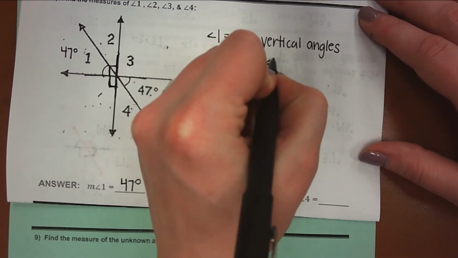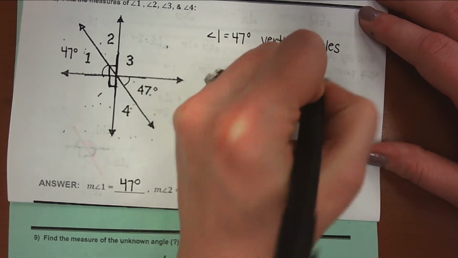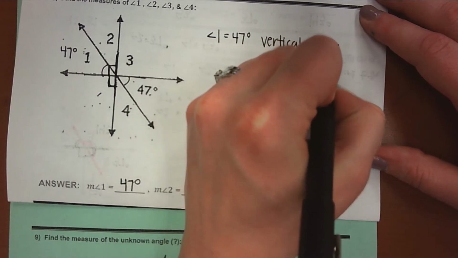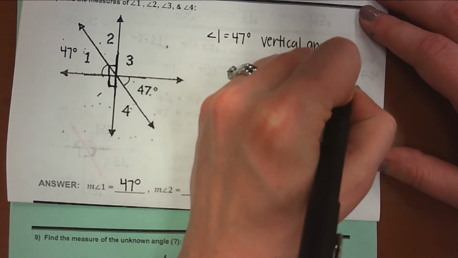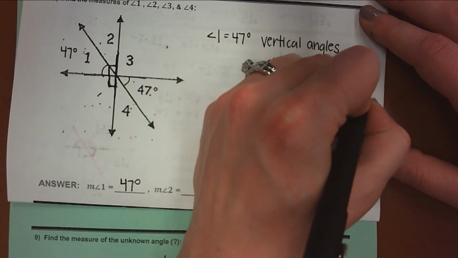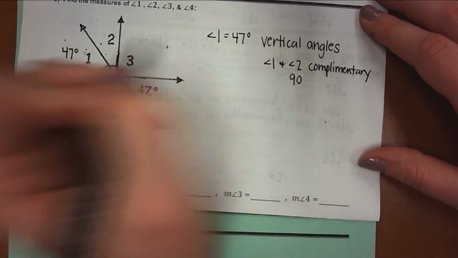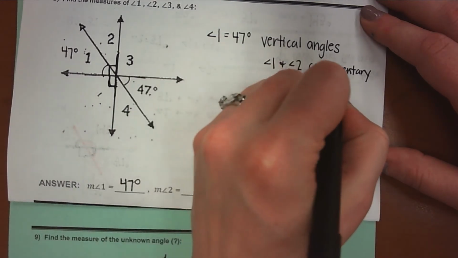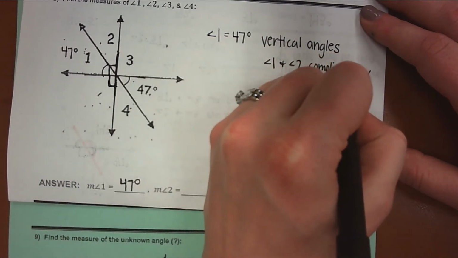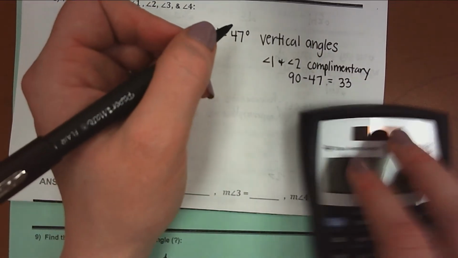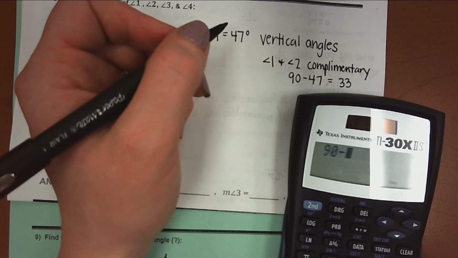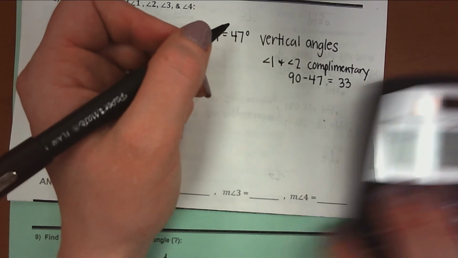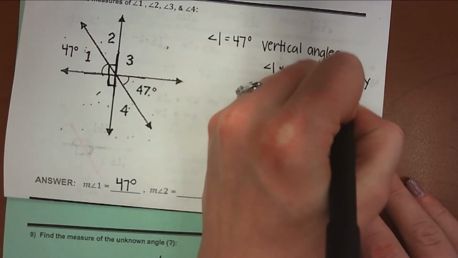Because angle 1 and angle 2 are complementary angles, their sum is 90, so I could do 90 minus 47. And when I do that, I get, not 30, I get 43. 90 minus 47 is equal to 43, sorry.